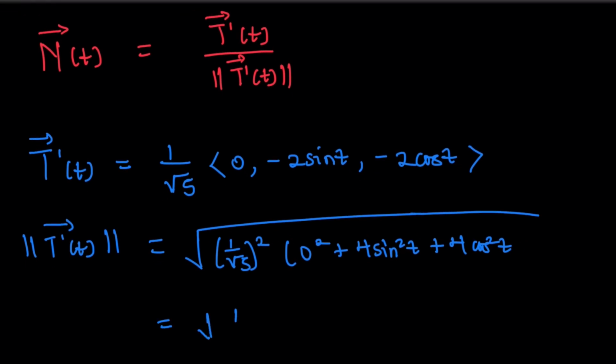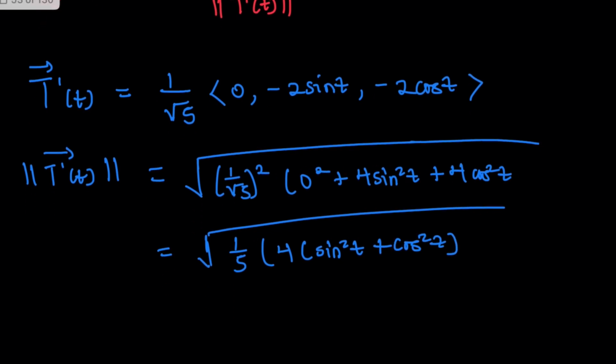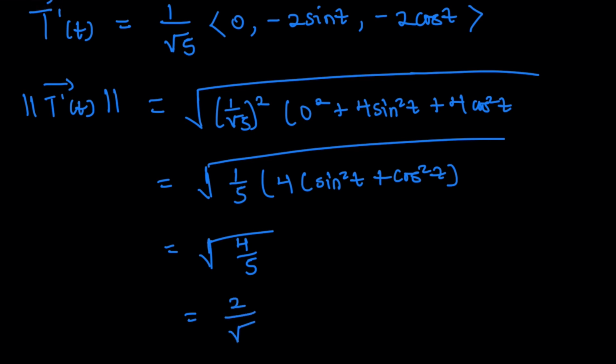So we are going to have 1 on 5, 4 into brackets sine squared of t plus cosine squared of t. So we are going to get 4 on 5 all squared. So that's going to give us 2 on root of 5.